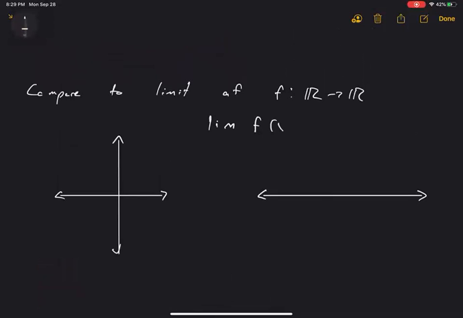So let's say I have the limit of f of x equals L, where this is just a single number, and this is just a single number. Again, I could think about the bigger picture: I have my graph, this is my x-axis, this is my y-axis, and this is the graph of that single variable function.